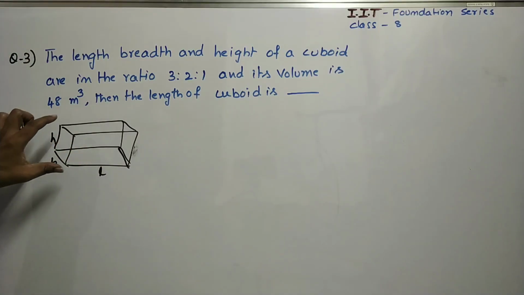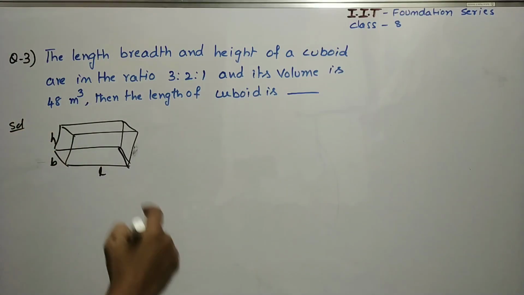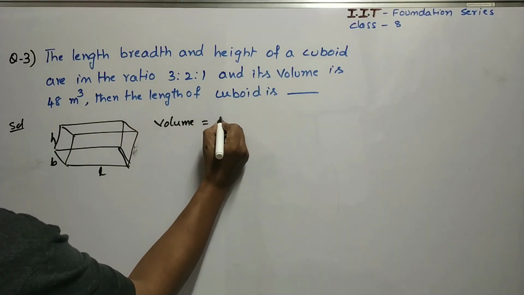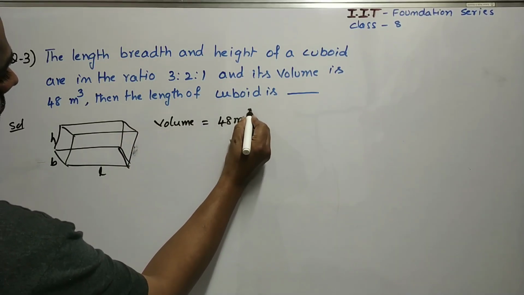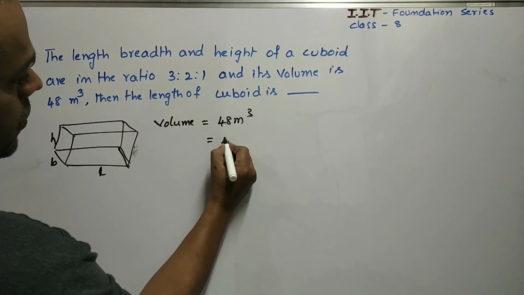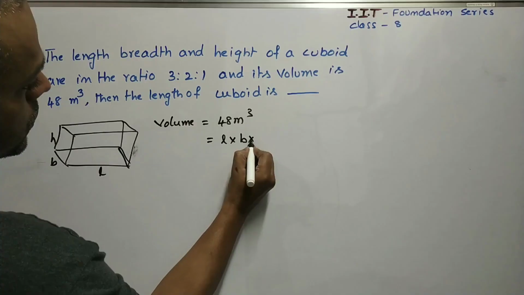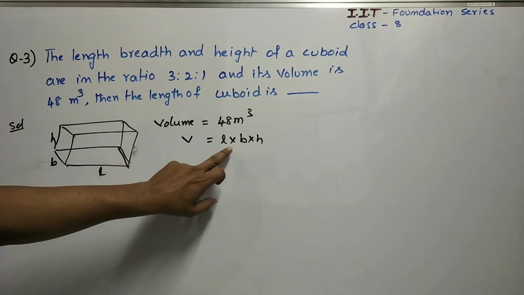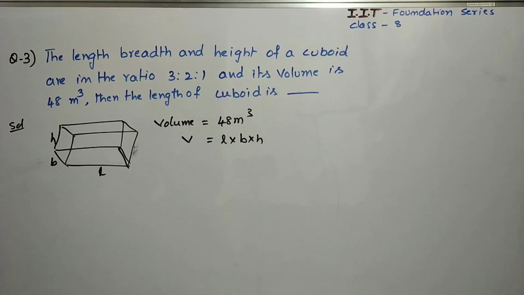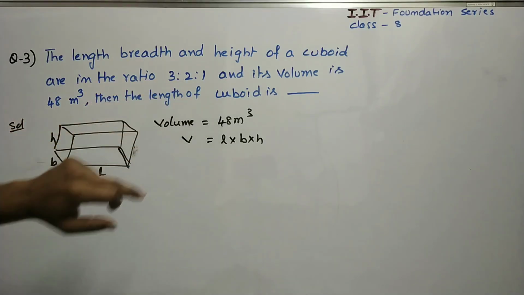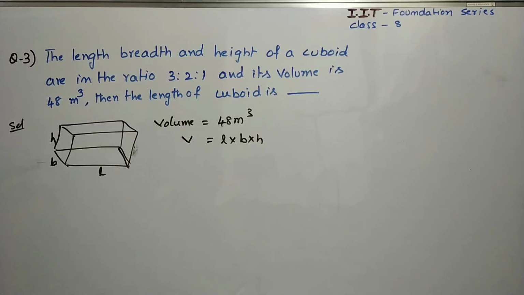The given volume of the cuboid is 48 meter cube. You know, volume of a cuboid is length into breadth into height. But this length, breadth, height are distributed in the ratio of 3 to 2 to 1.